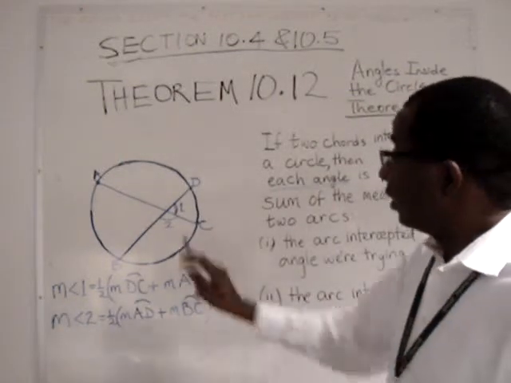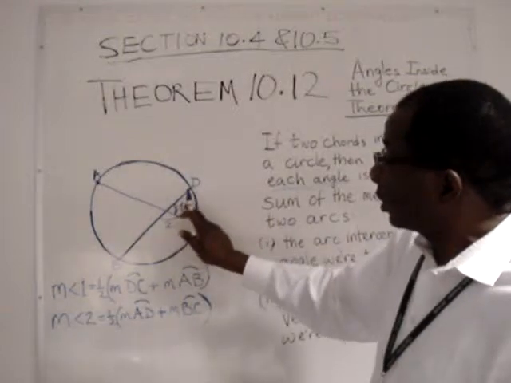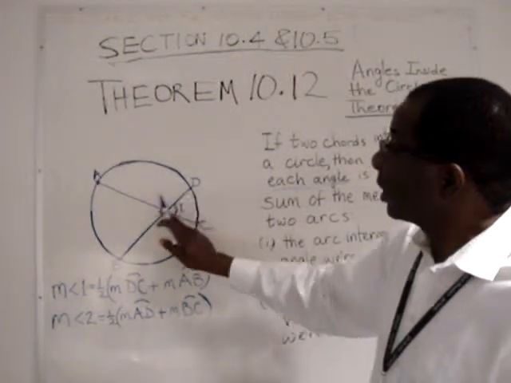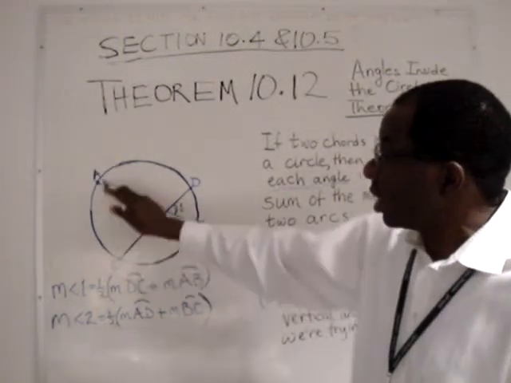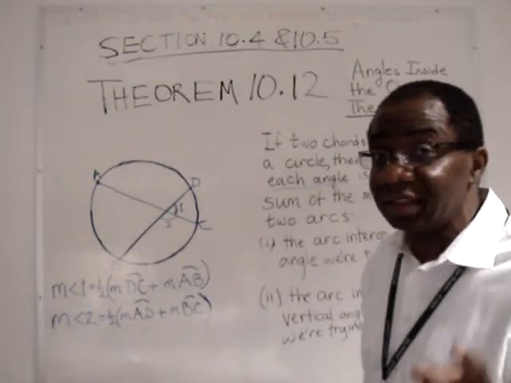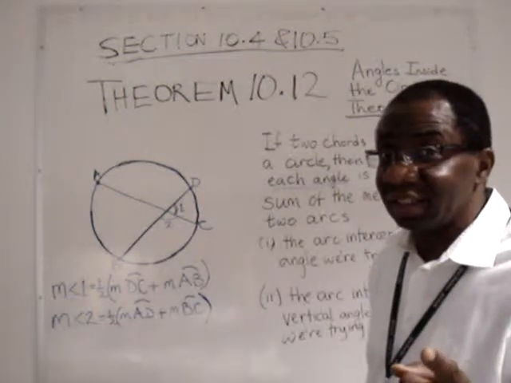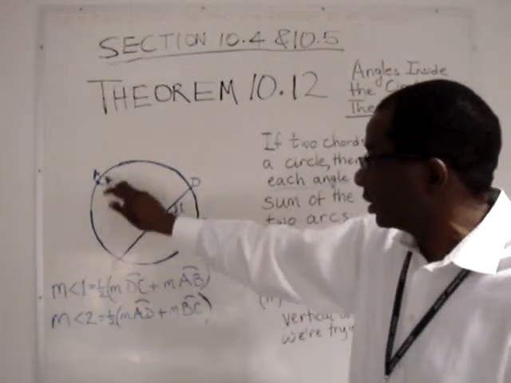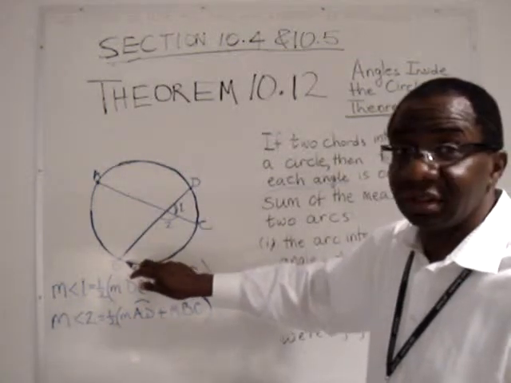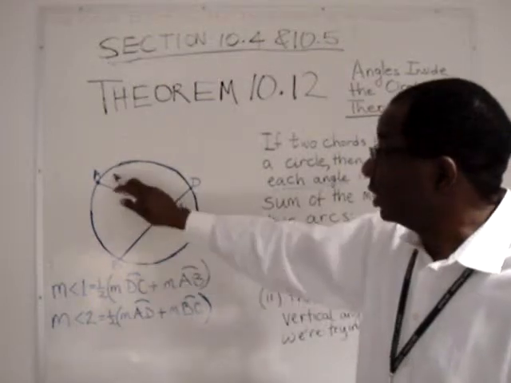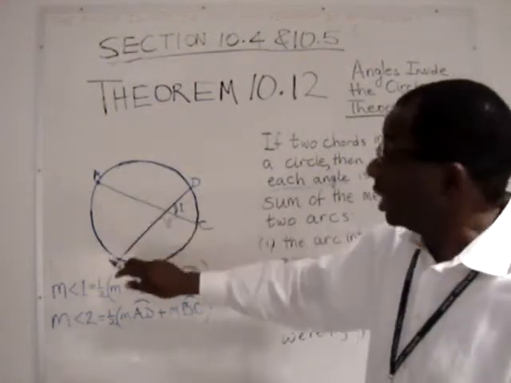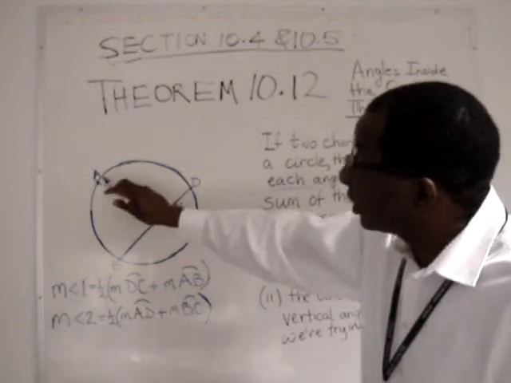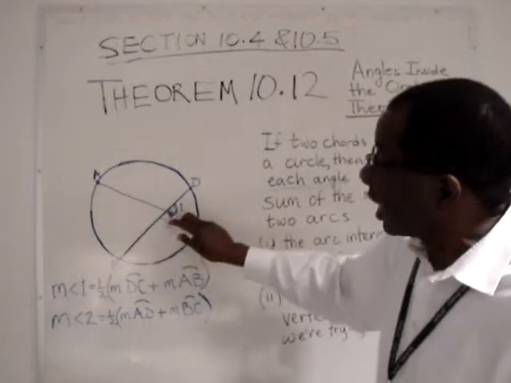Even though that angle is equal to this one that we're trying to find, the arc intercepted by it is different. The arc intercepted by it is different. Now remember, the measure of this arc is not this angle.